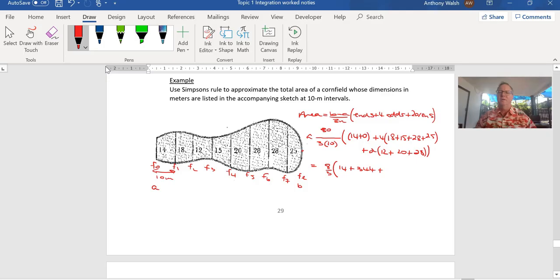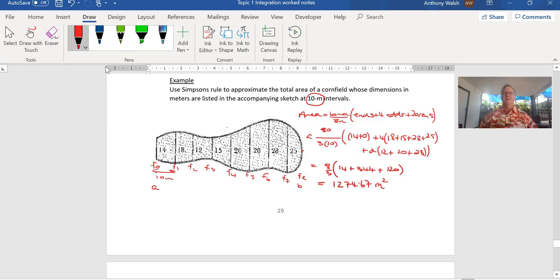And 12 plus 20 plus 28 times that by 2 is 120. Now, put all that together, I get 1274.67. Now, is there a unit to put on this? Well, everything that was mentioned so far was in meters, and this is finding an area, so the unit is meters squared.